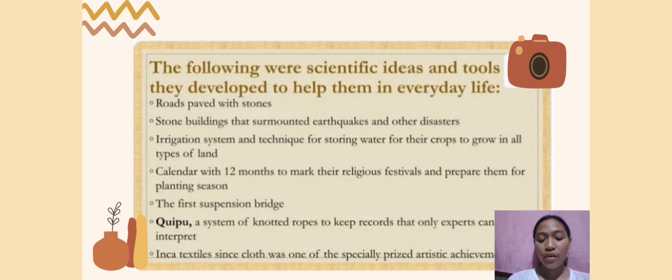This quipu consisted of a series of cords. Each cord had knots and beads that represented numbers, quantities, and specific information. So, noong Inca civilization, only experts can interpret this system.